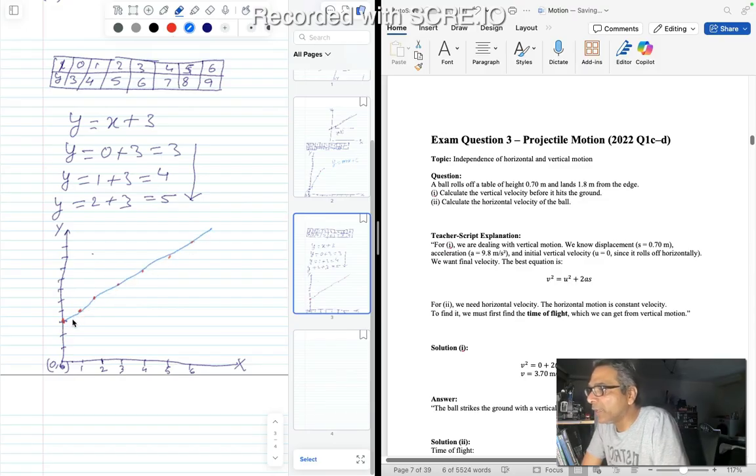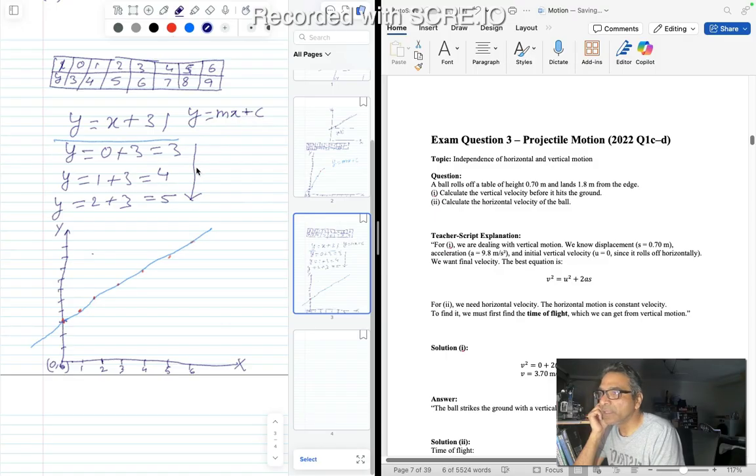Okay, cool. Now once we have this, we can say that this straight line is exactly in the form of y equals mx plus c.